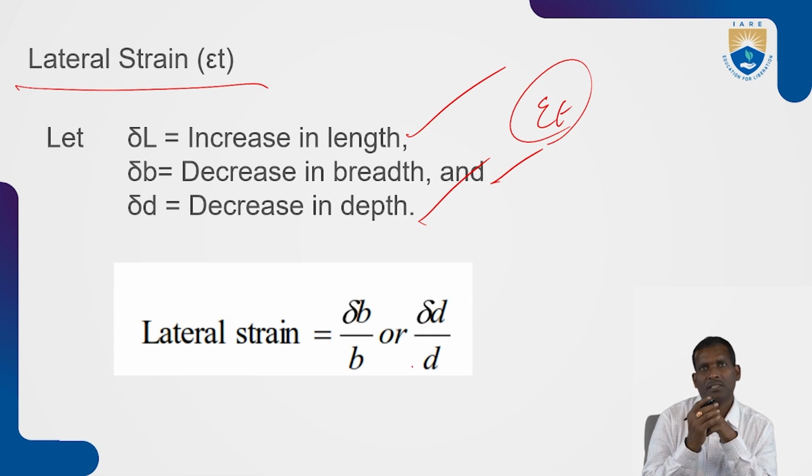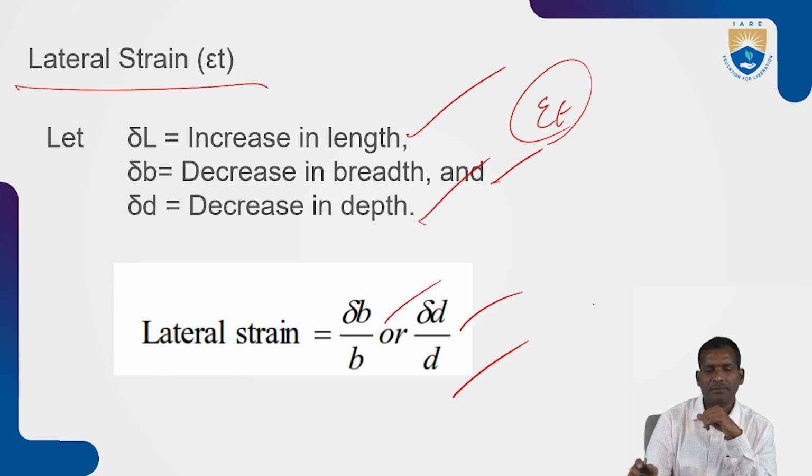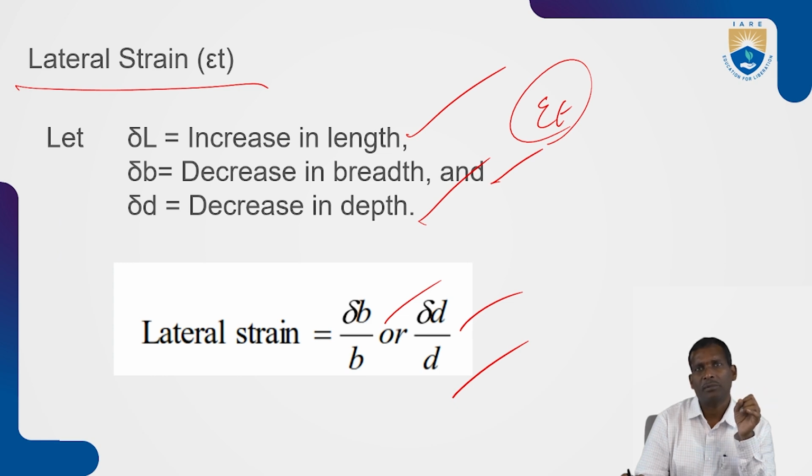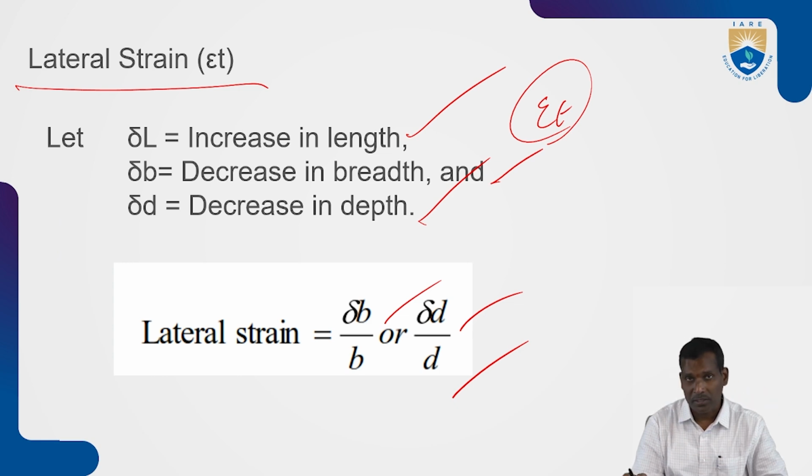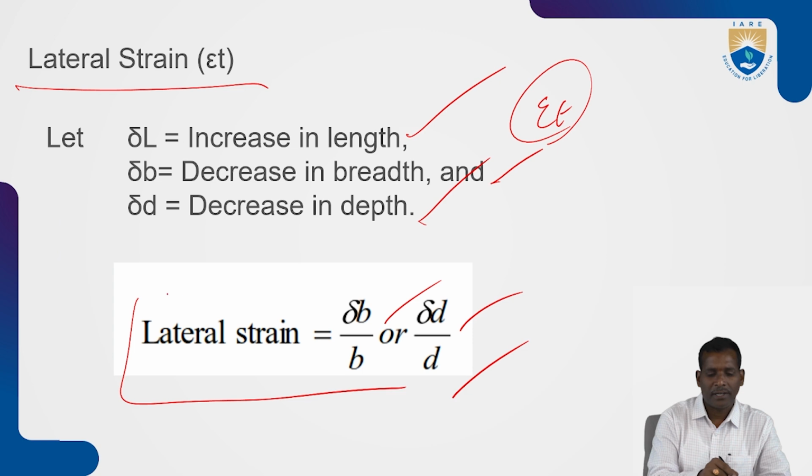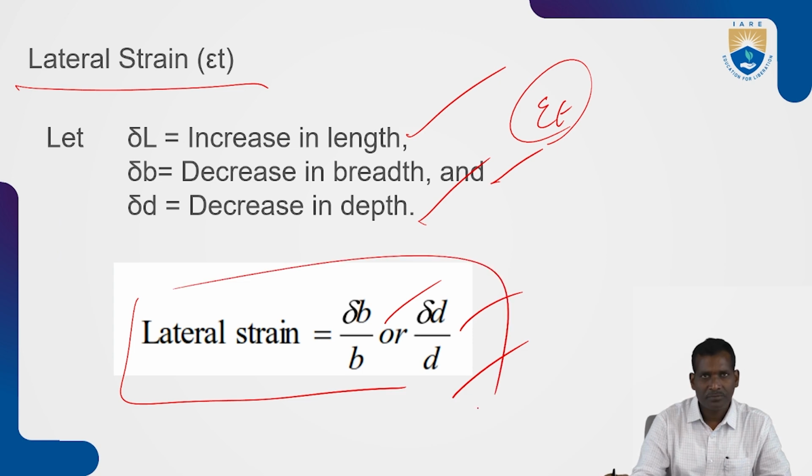So how much decreased? That is the change in breadth. So here we are taking the lateral dimension, the breadth or diameter. In the previous case, linear strain, we are taking length, the linear dimension. That is the difference between lateral strain and linear strain.